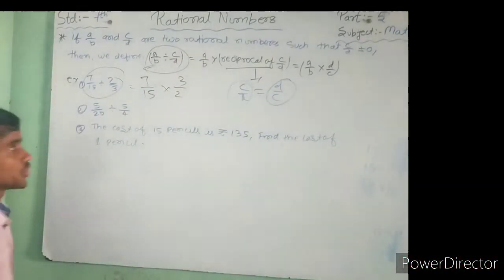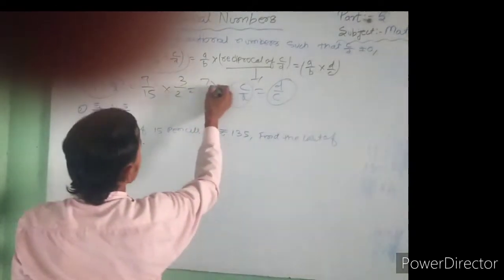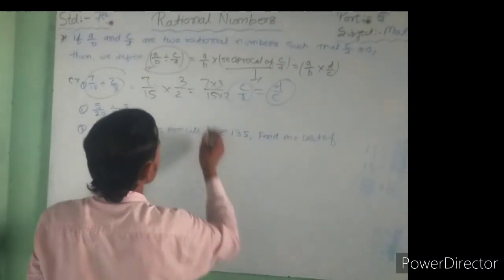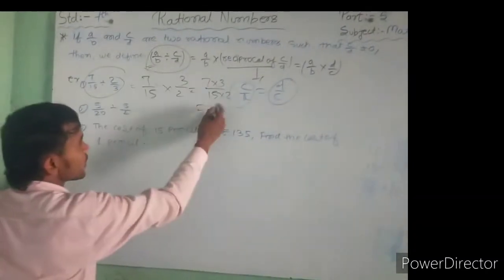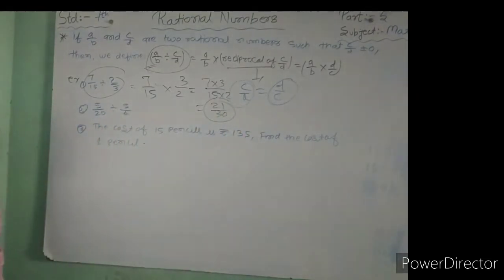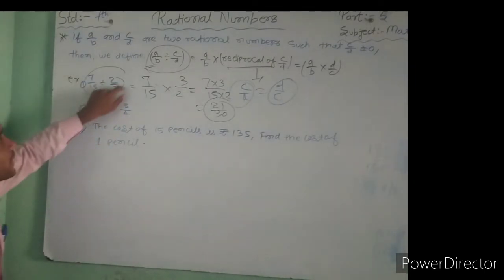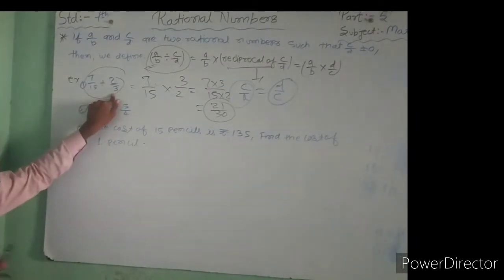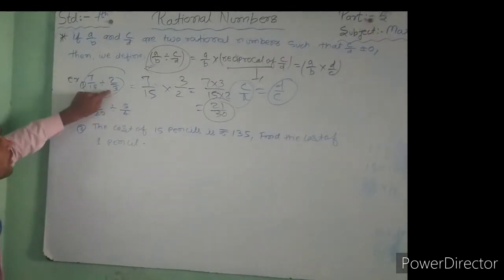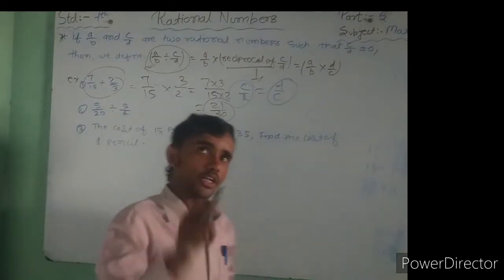Next you multiply 7 times 3 and 5 times 2. You solve it: 7 threes are 21 and 5 twos are 30. That's your answer. It means the second fraction c by d, you convert into its reciprocal: the numerator converts into the denominator, and the denominator converts into the numerator.